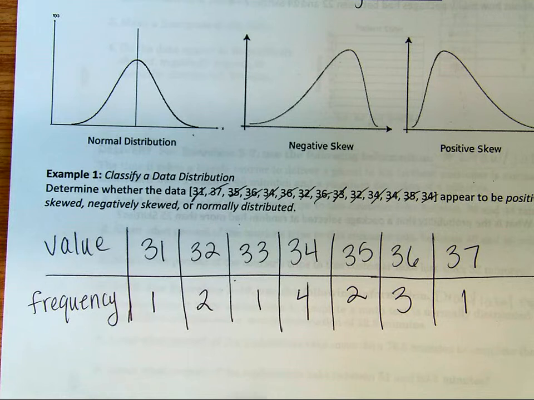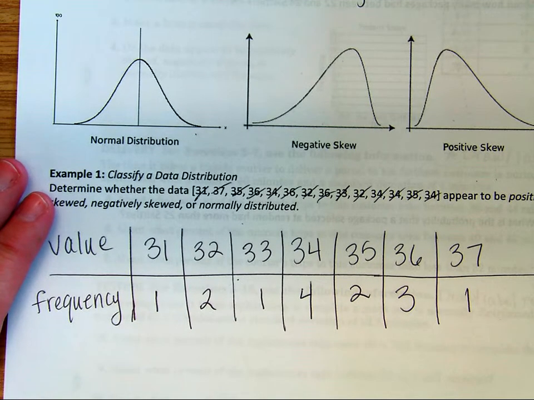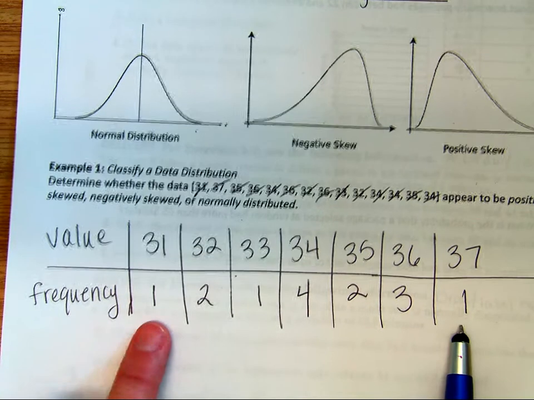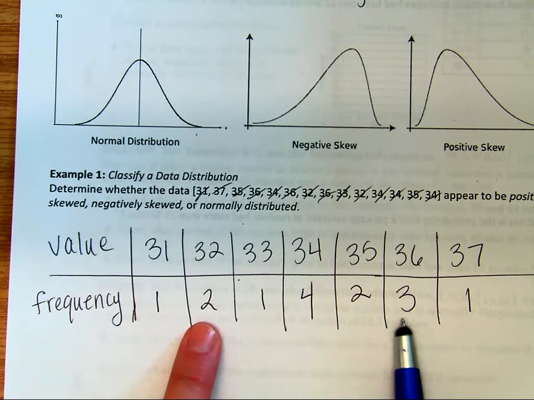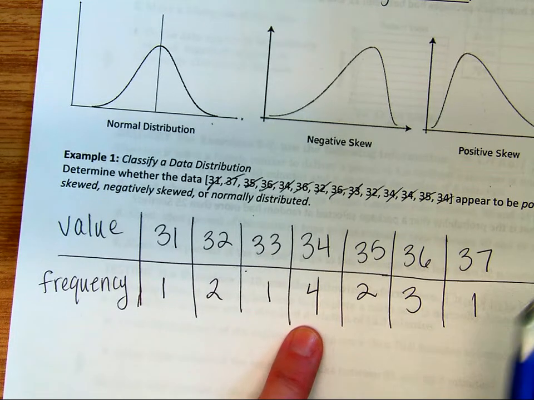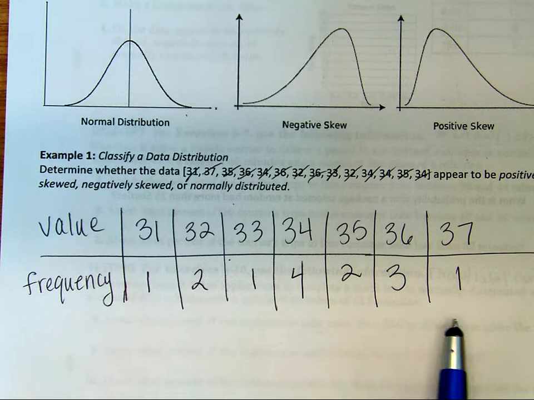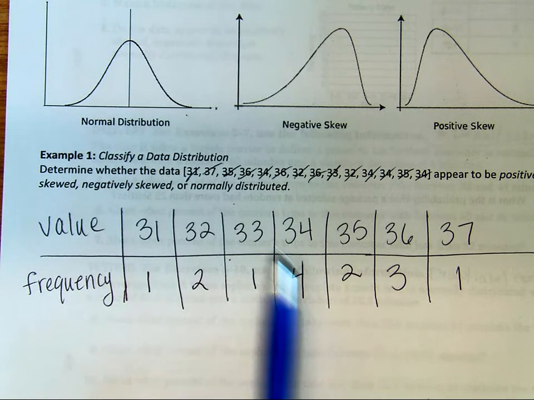Okay, so I can look at my frequencies. If I were to plot these frequencies, I would start at 1, go up towards 2, down to 1, peak right here in the middle, and then gradually work my way down. The highest point is in the middle. So I'm thinking this is closest to normally distributed. This is not exactly symmetric, but it does peak in the middle, just like the bell curve does.